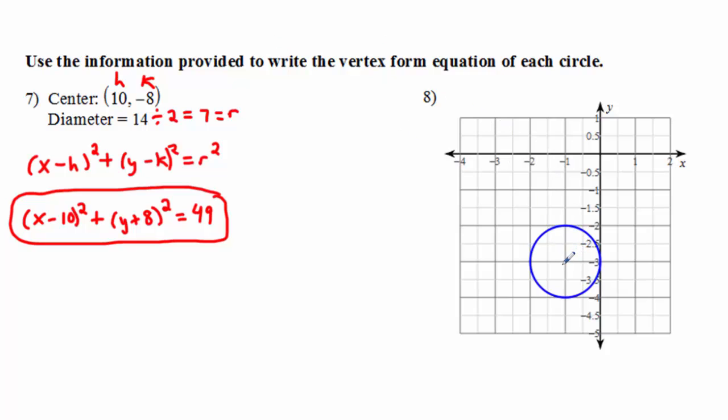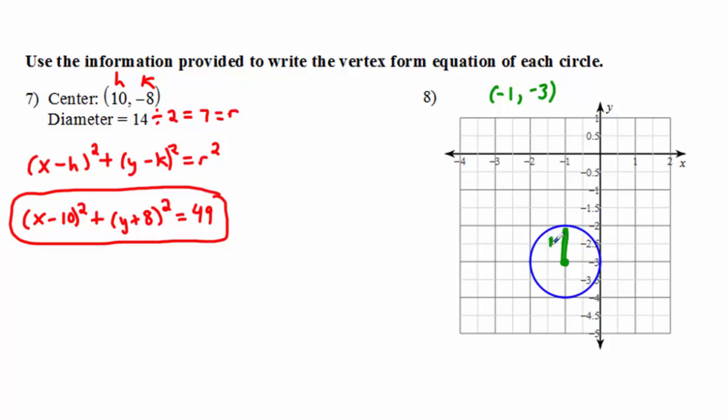Here on 8, we're going to use the same formula, but we have to get the information from the graph. This middle point is our center, and it's at -1, -3. Then we have a radius, and we need to be careful because if you look at your scale on this graph, to go from here to here is going from -3 to -2.